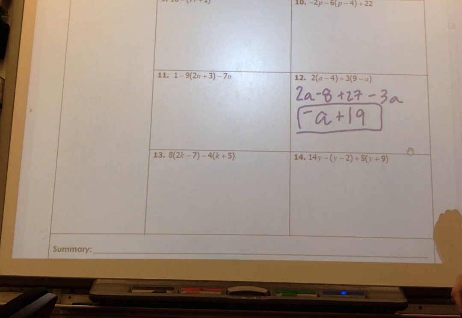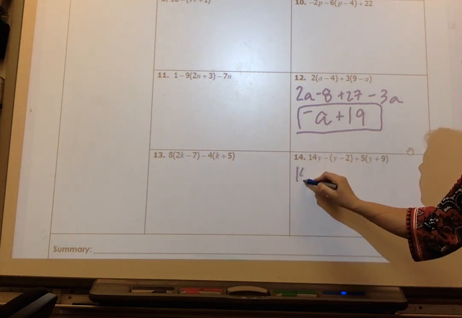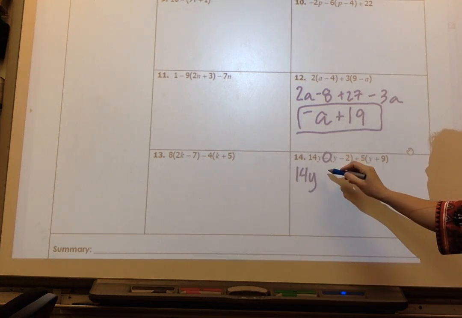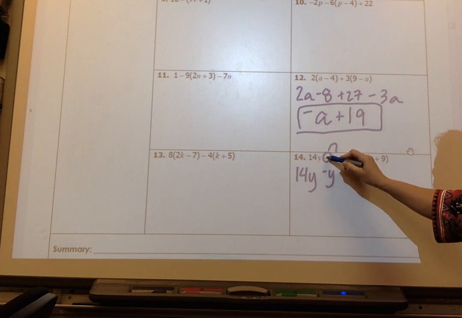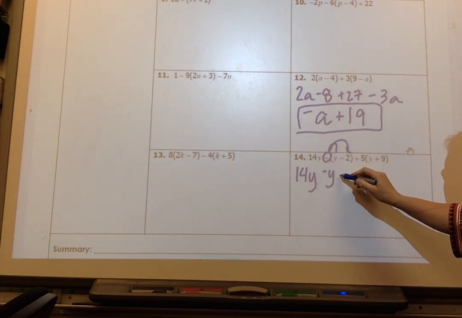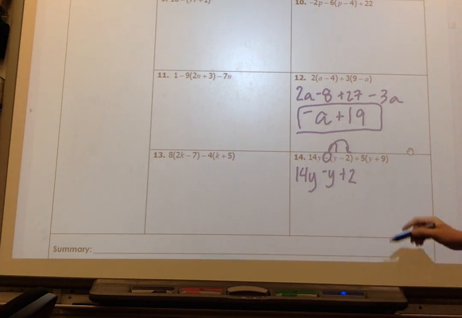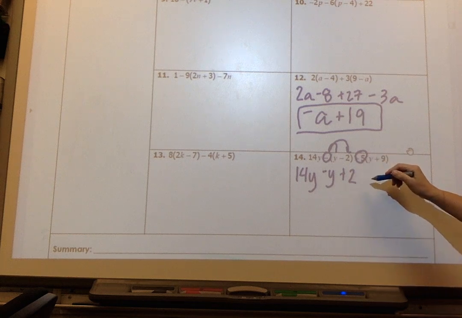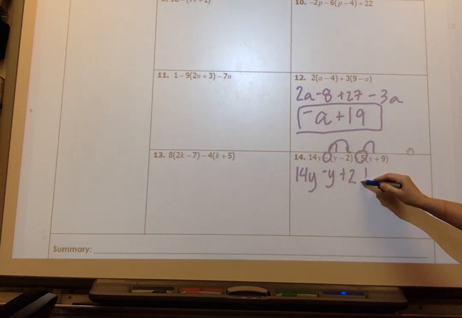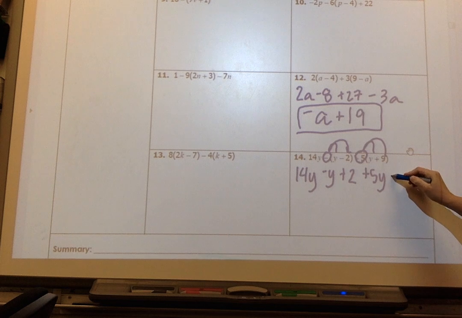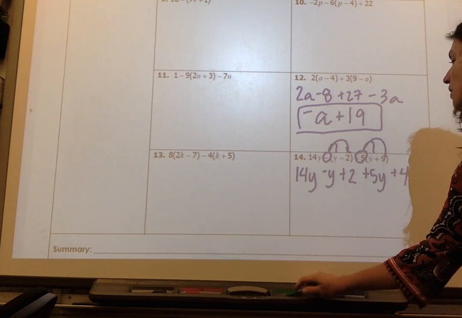All right. So number 14. I have 14y. I'm distributing this negative, so I get a negative y. A negative times a negative is a positive 2. Now I'm going to distribute this positive 5, so I get 5y plus 45. When I combine my like terms, I'm going to do this in a different color.